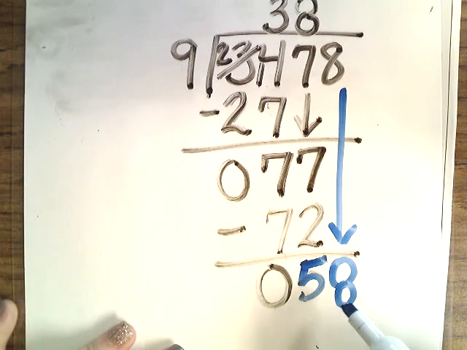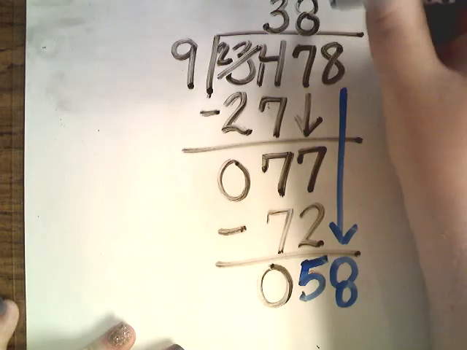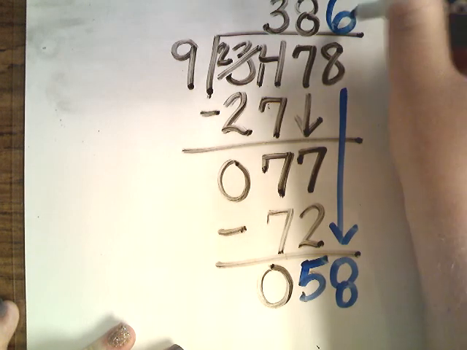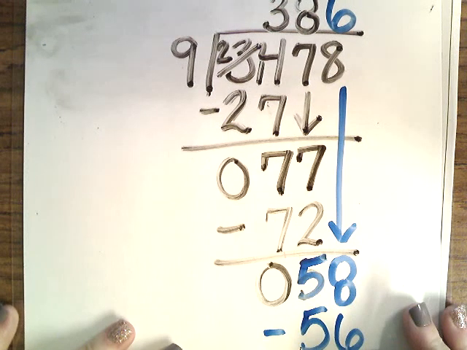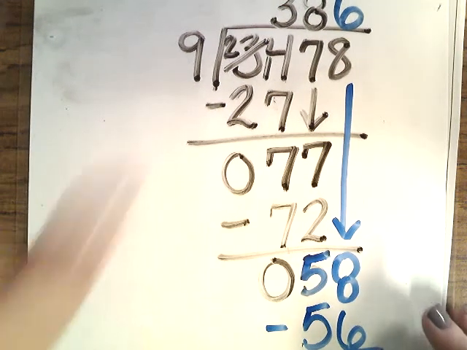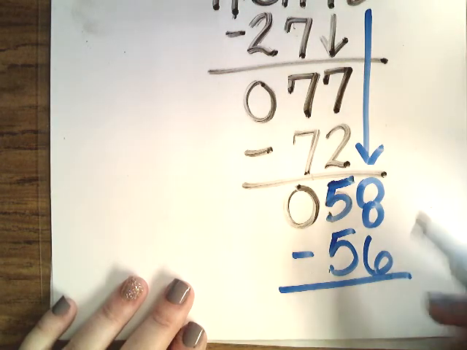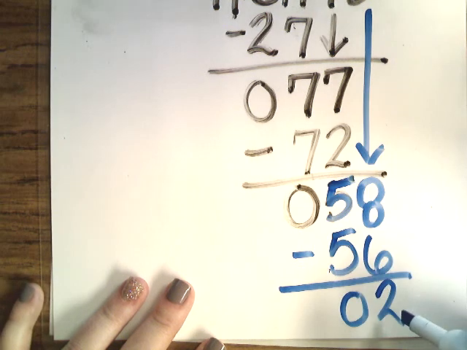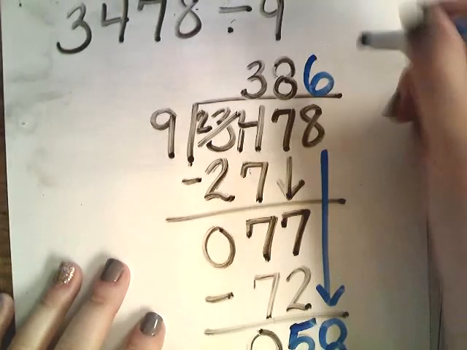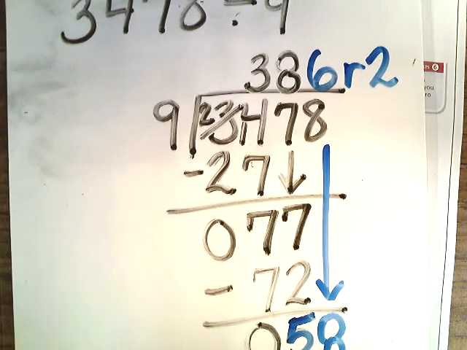That's as close as we get. So we're going to put 6 here. 6 times 9, and we subtract. 8 take away 6 is 2. 5 take away 5 is 0. There's no more numbers to bring down, so the 2 becomes our remainder.